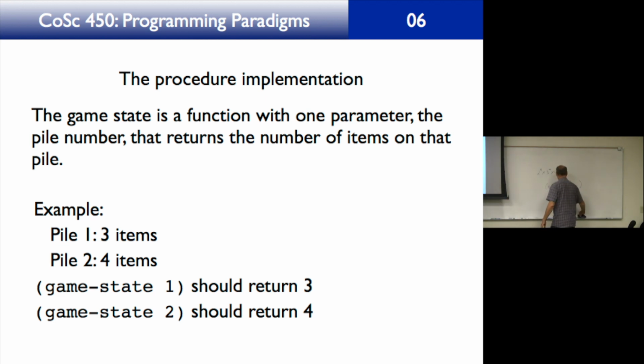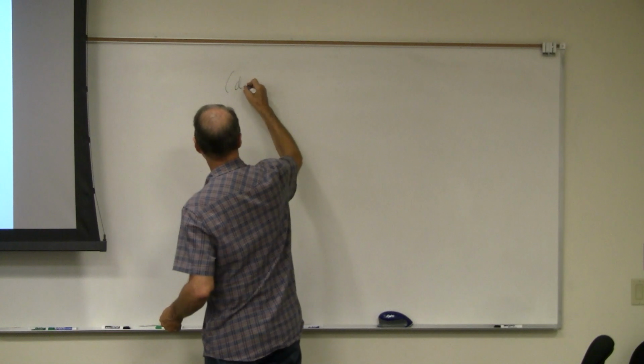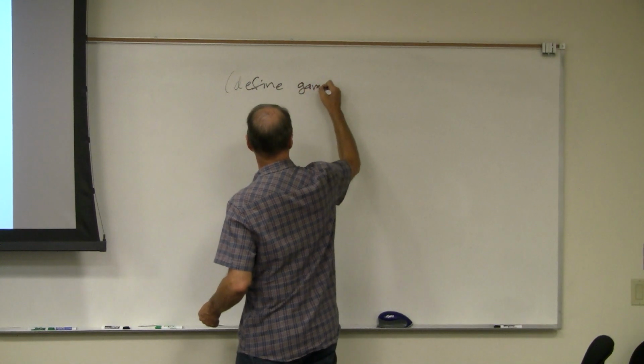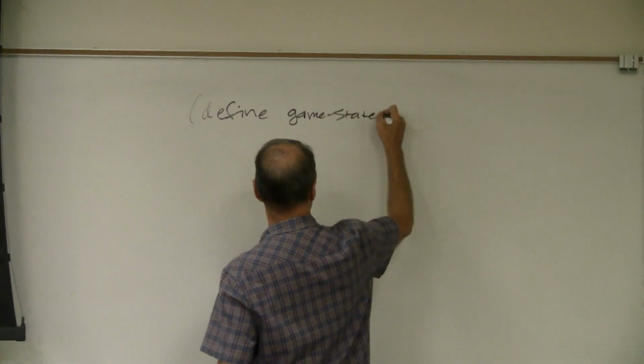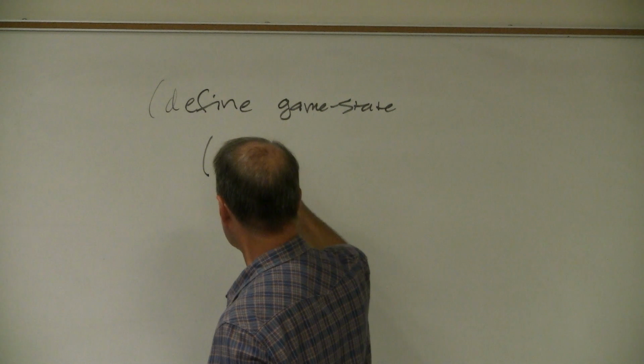Yeah, here. Is everybody with me on this? So it would be what? I mean, if we were just to do that, it would be define game state. And then what did you say it would be here? Parentheses.